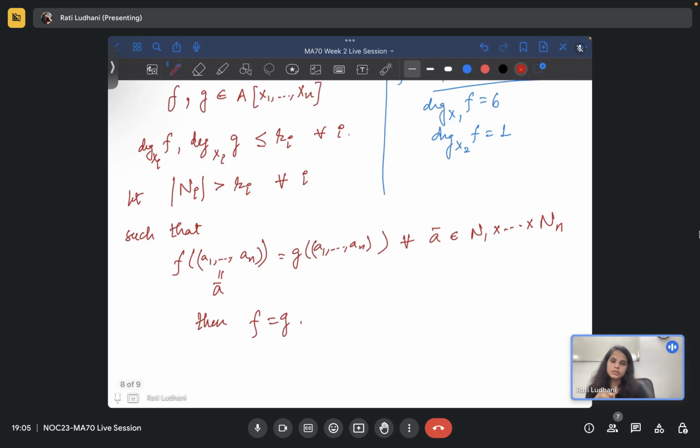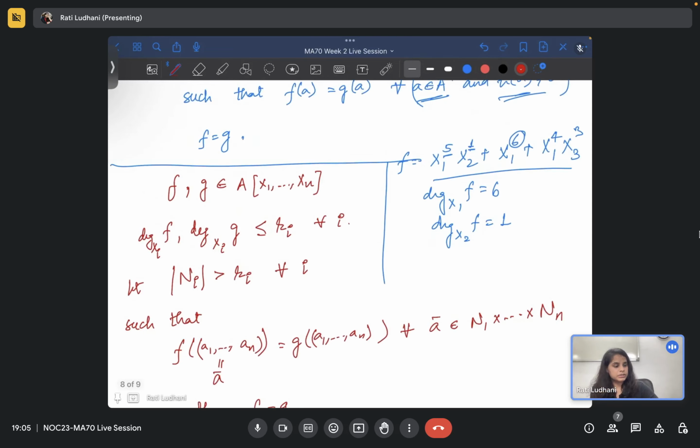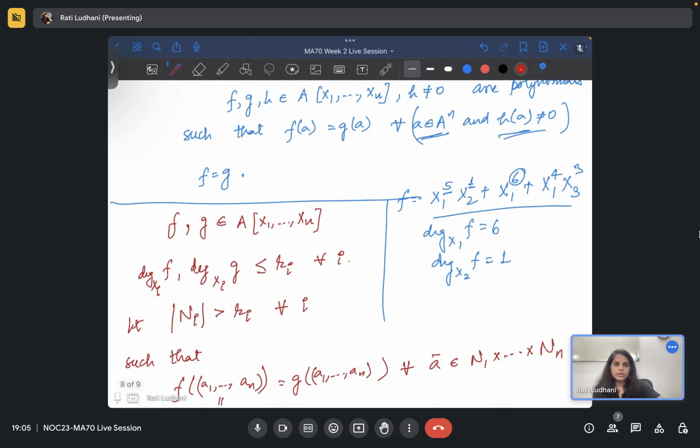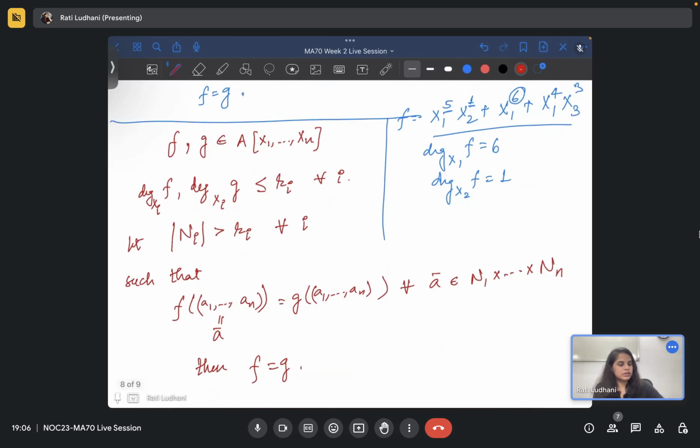So you take the degrees of f and g, and the point is that A is an infinite integral domain. We are not saying this is true in finite fields or something. So you take an infinite integral domain, and if the degree of f and degree of g with respect to xi is less than or equal to ri, and you take some bigger set corresponding to each xi, and f is 0 on those points where ai belongs to this set, then f has to be equal to g.